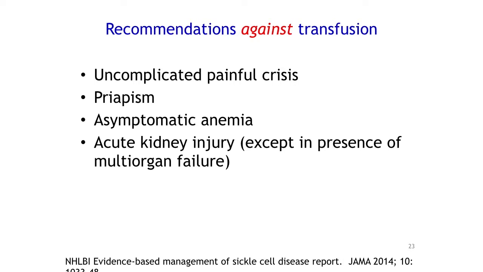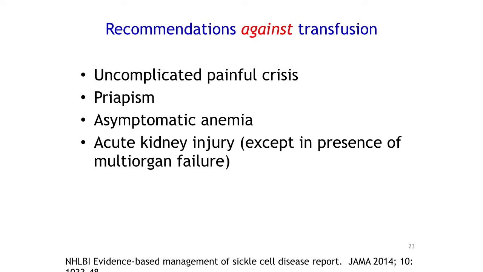Uncomplicated vaso-occlusive crisis or painful crisis. For cases of complicated or severe, persistent, unremitting painful crisis, there is a suggestion for some exchange transfusion. But for uncomplicated ones, it is strongly advised not to transfuse.